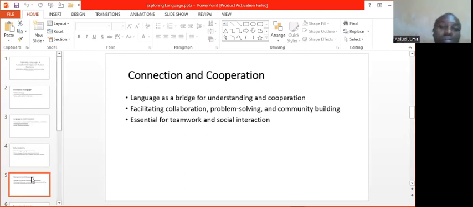Language also has a connection and cooperation role: language as a bridge for understanding and cooperation. Without language, you cannot bridge individuals, because language breaks the barrier and helps you to communicate, to talk, to understand the other person. So it facilitates collaboration, problem solving, and community building, essential for teamwork and social interaction.